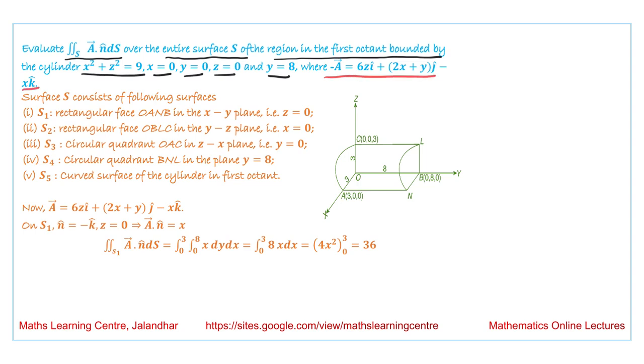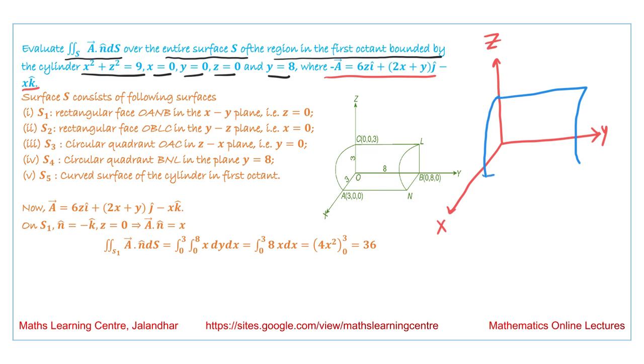So if we plot this region, suppose this is the x axis, this is the y axis, this is the z axis. The cylinder that is given to us is x square plus z square is equal to 9. So the cylinder will be of this form, and it is in the first octant.